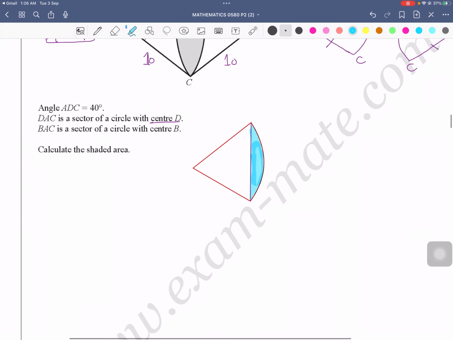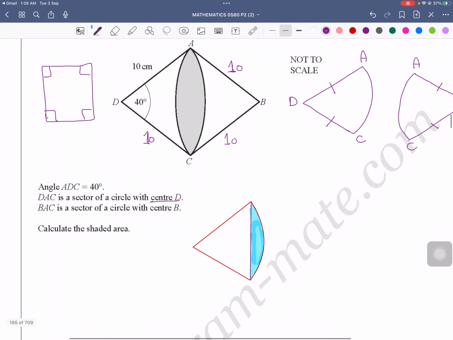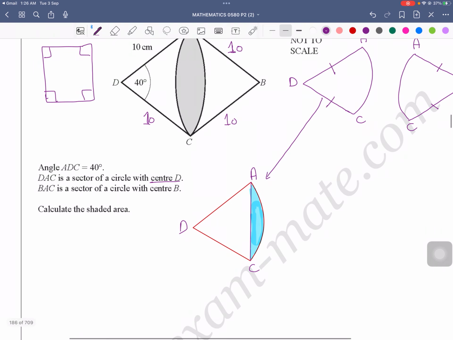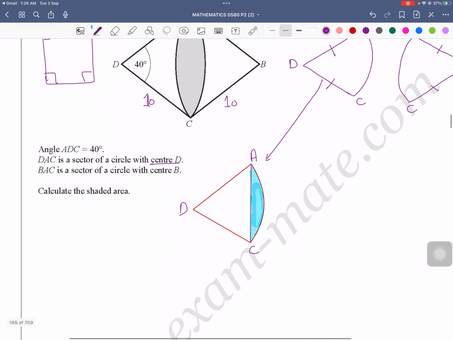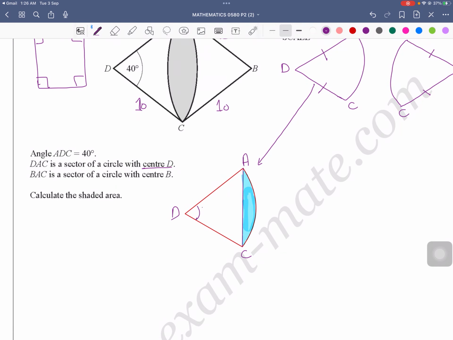So if we label it, I have drawn this from this particular diagram. This is A, this is C, and this is D. Now we have a complete triangle at our hands, a triangle whose angle is 40 and whose lengths are 10.